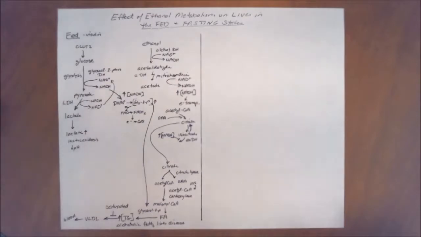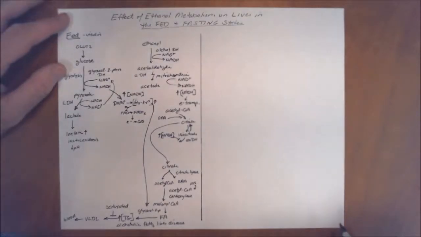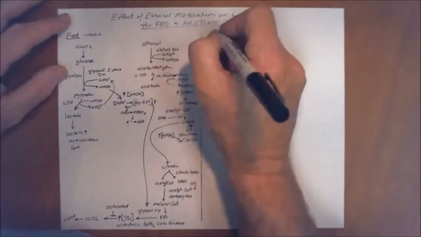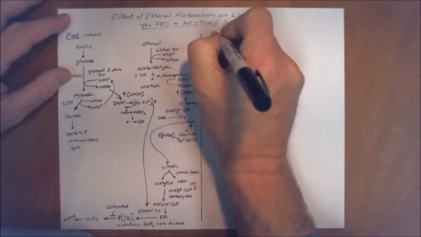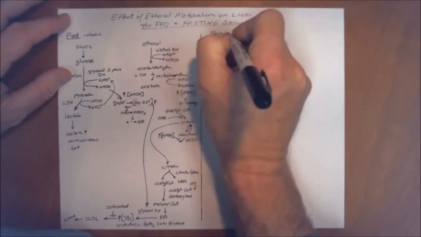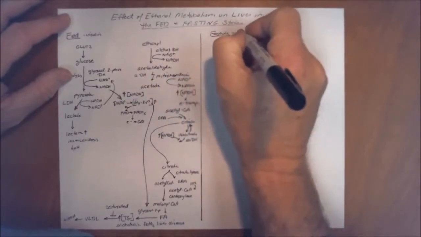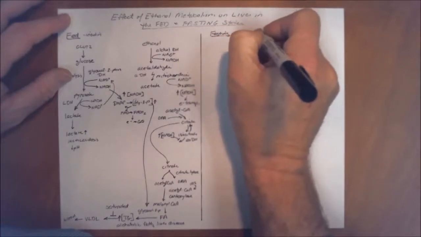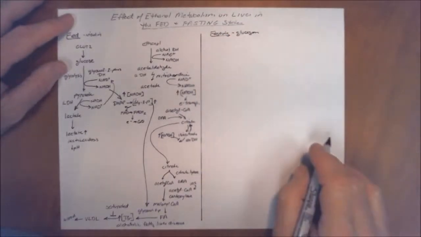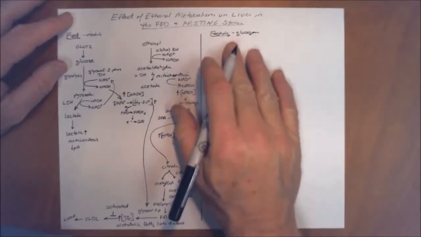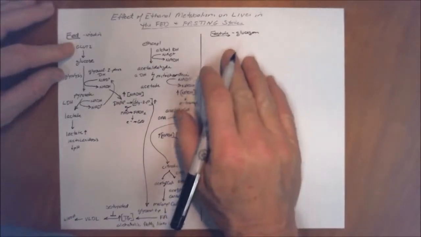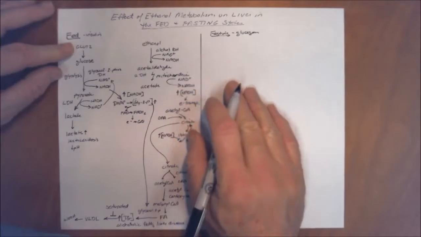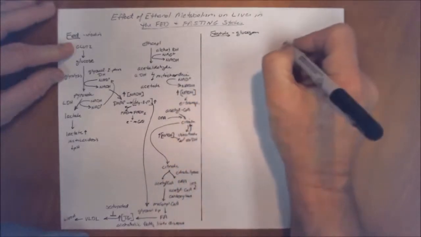Now let's take a look at ethanol metabolism in the fasting state in the liver. Of course, this is going to be signaled by glucagon signaling. So under these conditions in fasting, of course, we do not have glucose coming in, and glycolysis is going to be inhibited because we are performing gluconeogenesis.